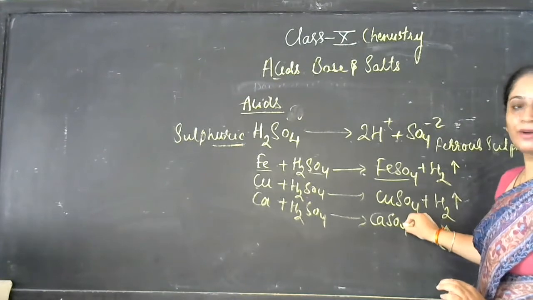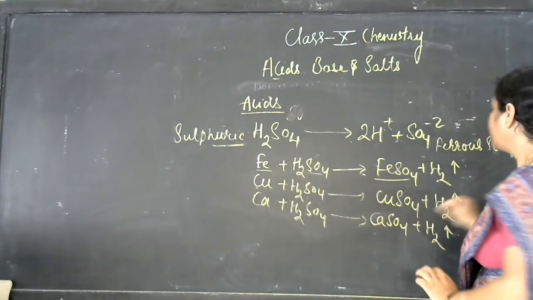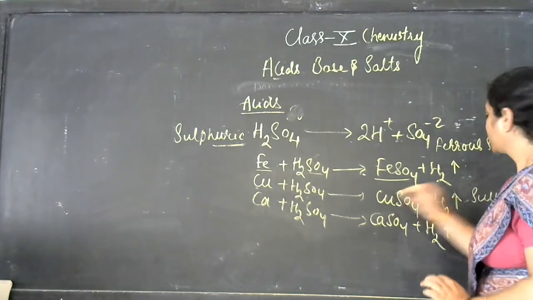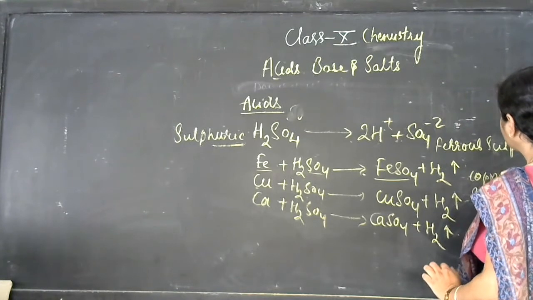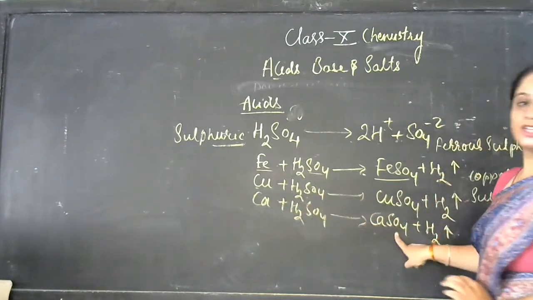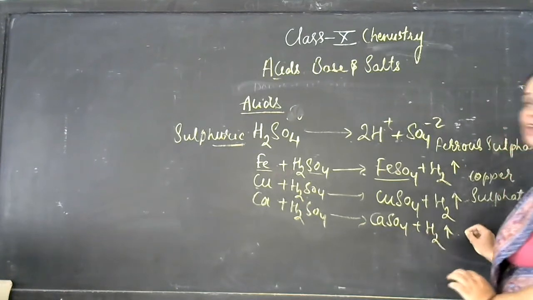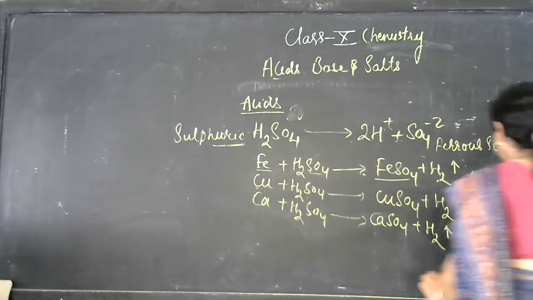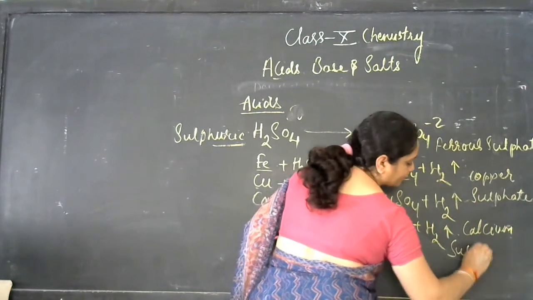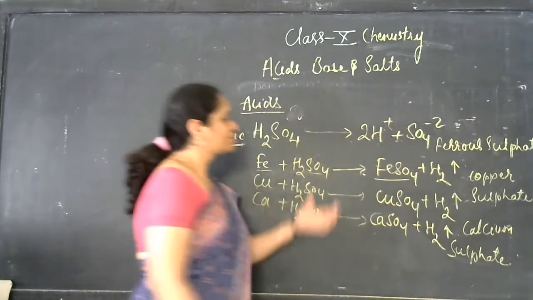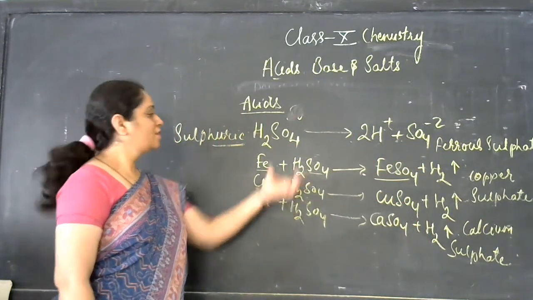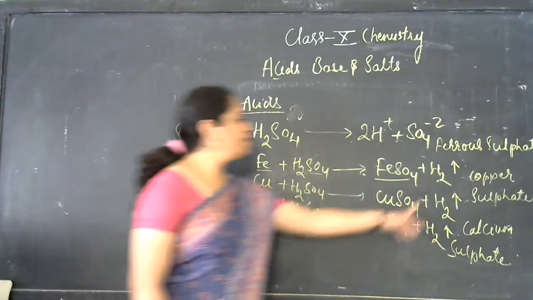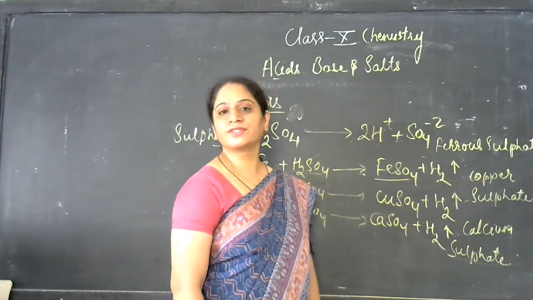Similarly, I am taking copper; when it reacts with sulfuric acid, it converts into copper sulfate. Similarly, when I take calcium, it gets converted into calcium sulfate. When we react these metals with sulfuric acid, all of them get converted to sulfate form and release hydrogen gas.